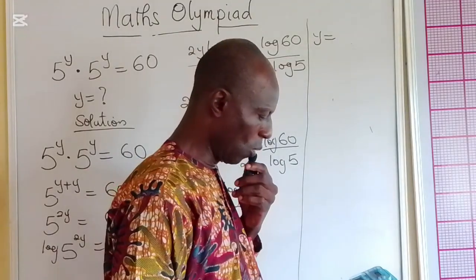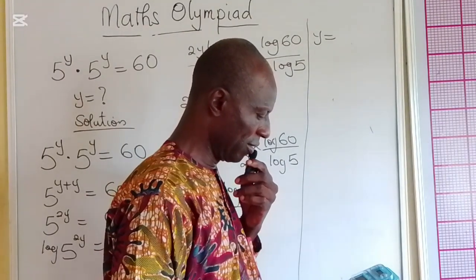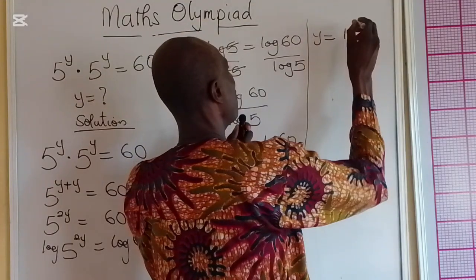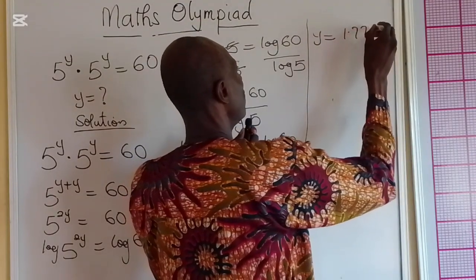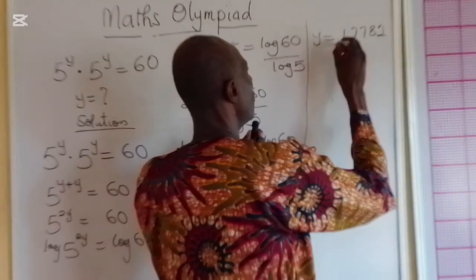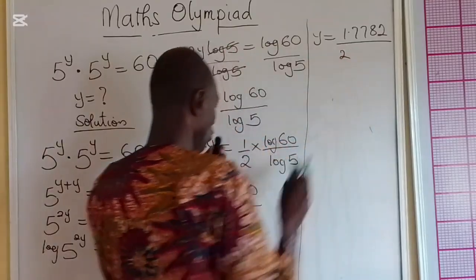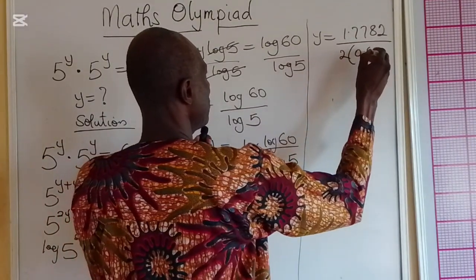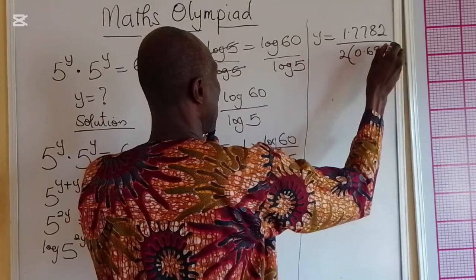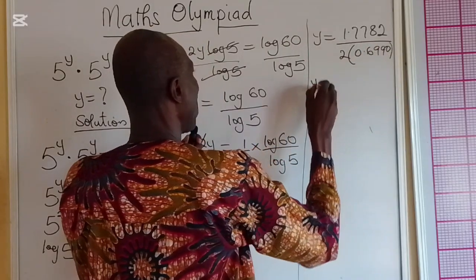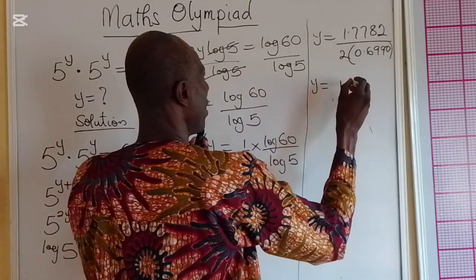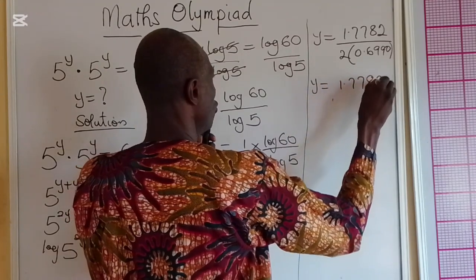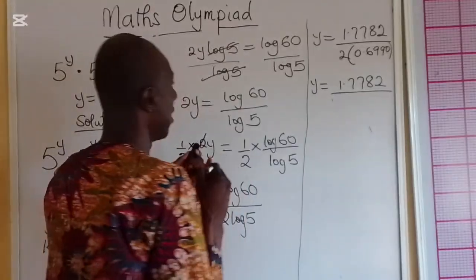Alright? Now, if that is 2 log 5, y is equal to, what is log 60? Is 1.7782. Here will be 2 times log 5, which is 2 times 0.6990. So y is equal to 1.7782 all over.